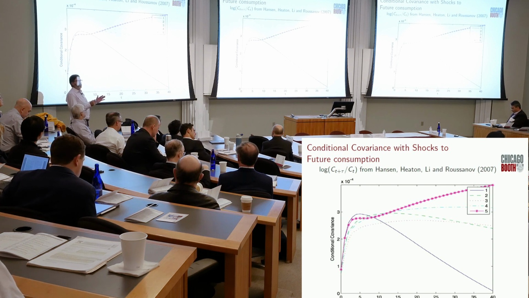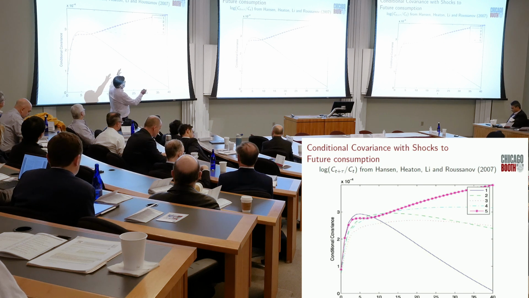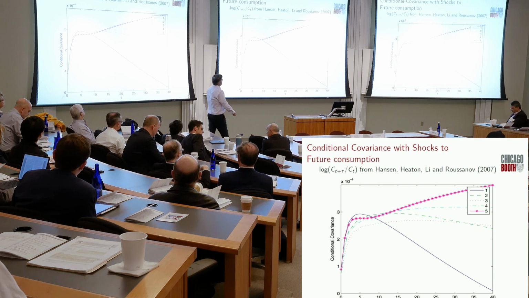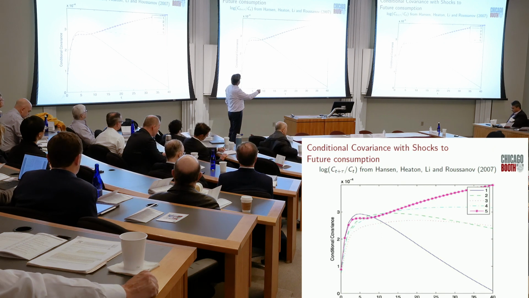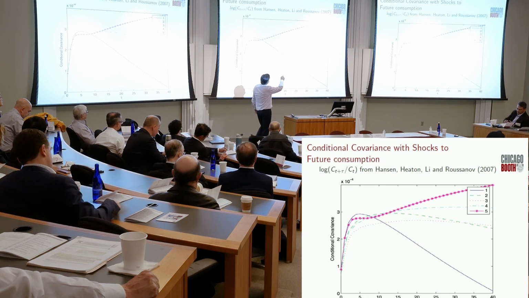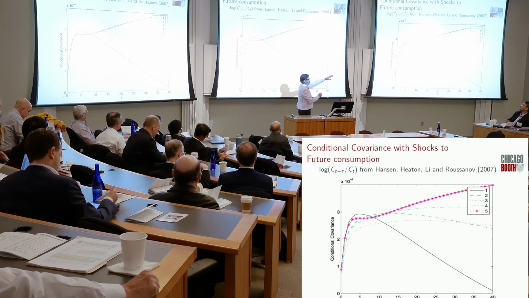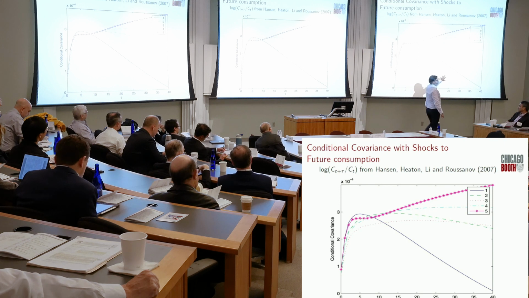And you see a bit of a glimmer of, okay, this can work. This is in Parker and Julliard, by the way. Number 5 there shows the things with high returns: low book-to-market portfolios, high book-to-market portfolios, value portfolios. They have higher covariances with consumption growth as you go farther, whereas growthy portfolios don't.